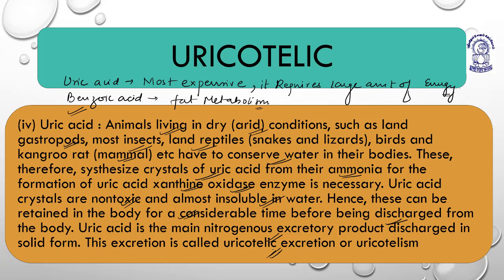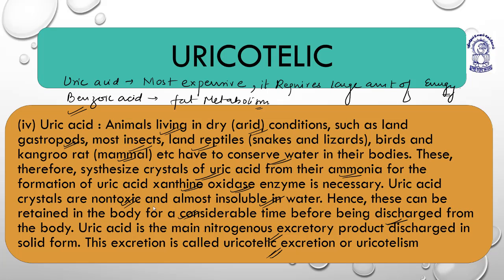Okay, so excretion of uric acid is known as what? Uricotelism. It is basically shown by the animals which live in dry and arid regions such as land gastropods, land reptiles, snakes, lizards, birds, and kangaroo rat. They have to conserve water in their bodies.